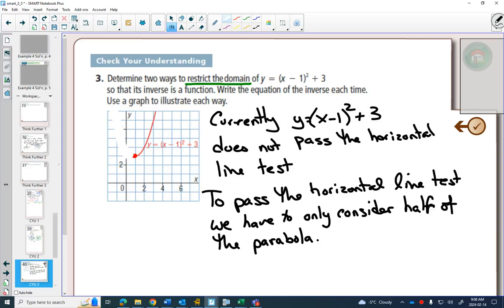And it says we have to come up with two ways to do this. Can you see that we've kept the right half, we could also keep the left half.